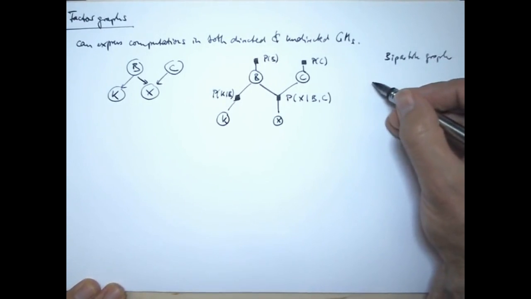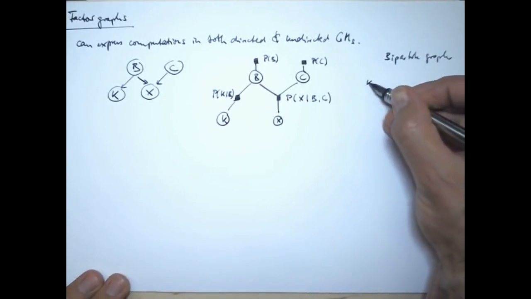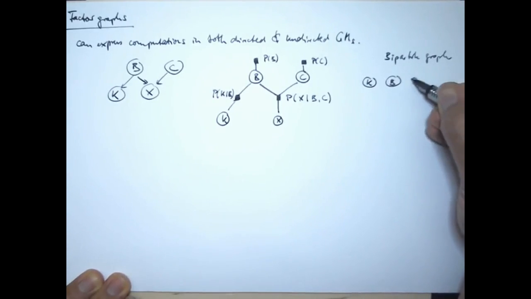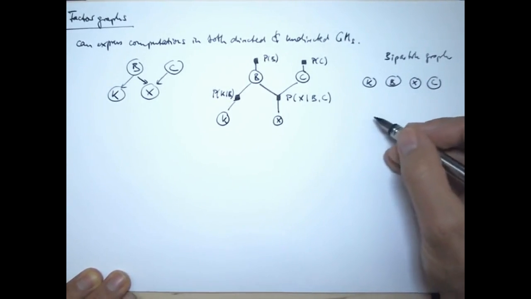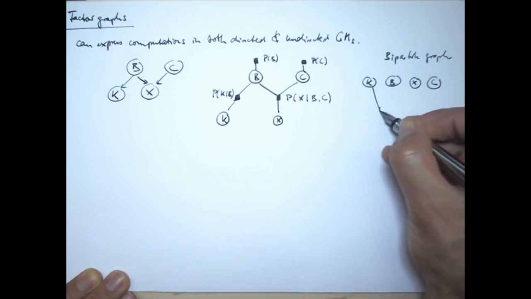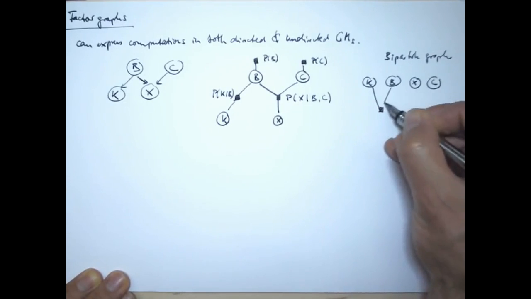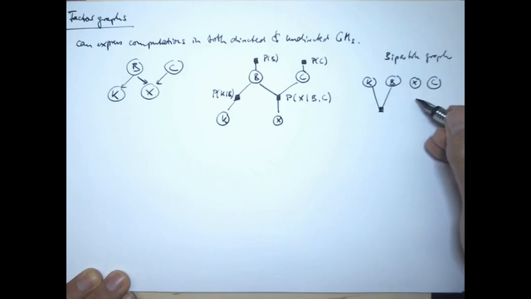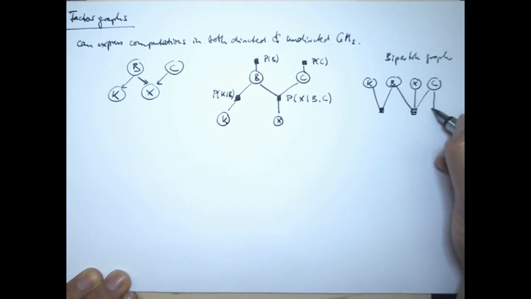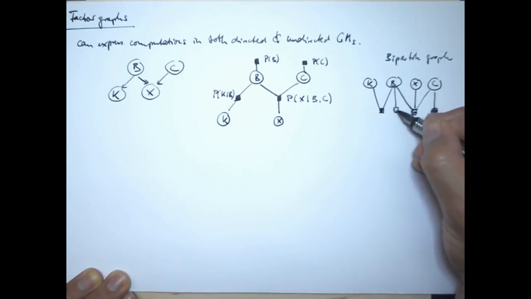Then I would have the variables K, B, X, and C on the one side of the partition, and then there would, for example, be this factor connecting K and B. There would be a factor connecting X with B and C, and then we would have these unary factors for C and B.